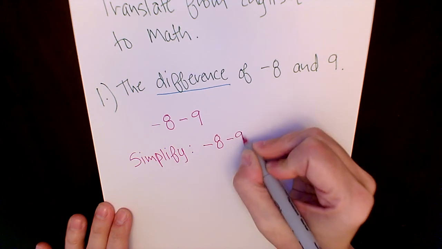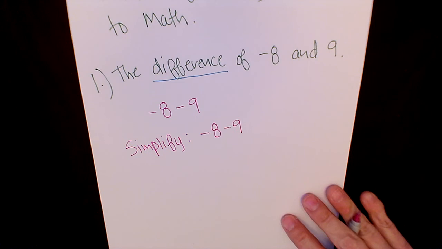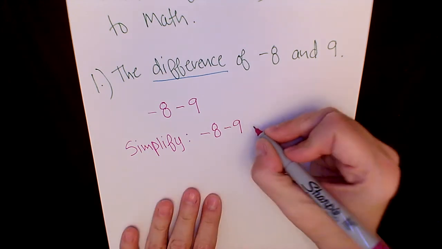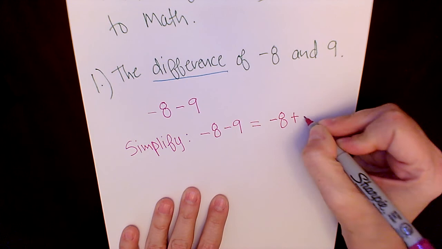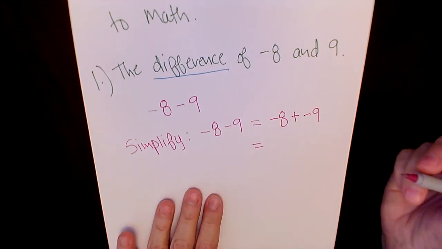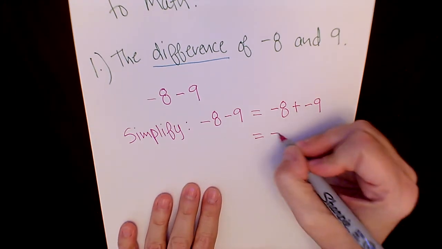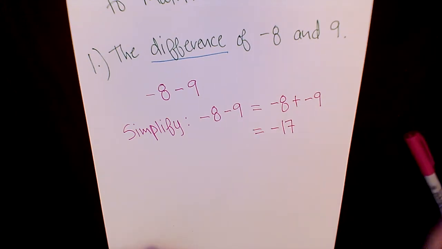And so remember, when I have a -8 and a -9, I've got a negative and a negative. We're going to add them together, right? So what's -8 plus -9? My answer is -17.